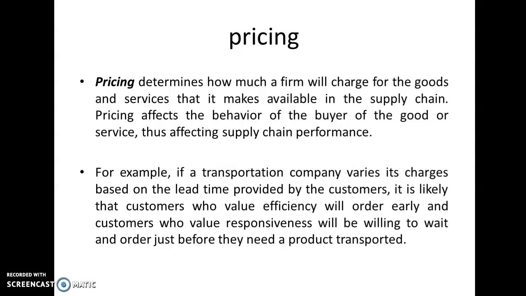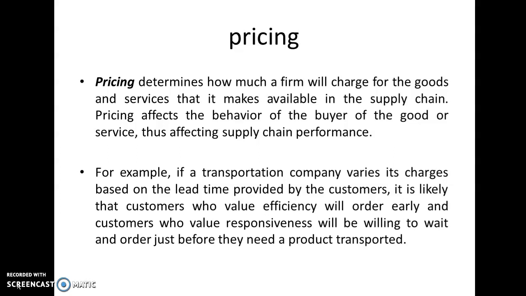The next one is pricing. Pricing is the key issue in supply chain system. Pricing will affect the behavior of the buyer, which in turn affects the supply chain performance also. If the price is low, we can attract more customers.